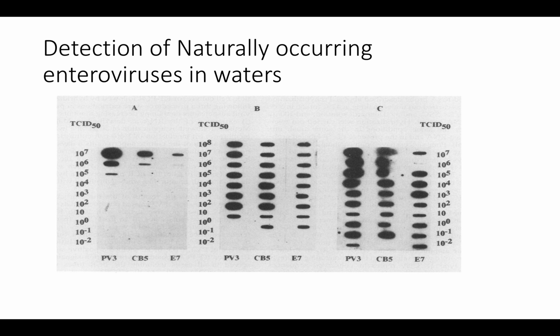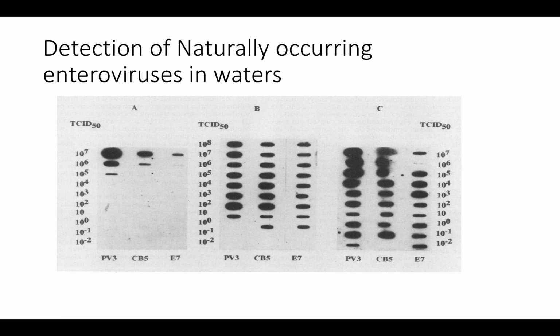Under each panel, you can see the letters TCID50, which stands for 50% tissue culture infectious dose, which is the amount of a pathogenic agent that will produce a pathological change in 50% of cell cultures inoculated. The numbers to the left, 10 to the power of, correspond to the concentration of the viruses in the water.